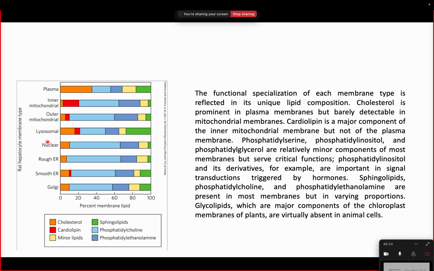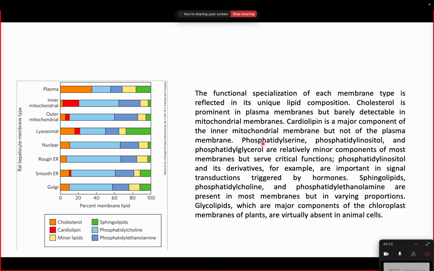So this indicates that the composition of lipids plays a vital role in determining what sort of functions the cells are involved in. The functional specialization of each membrane type is reflected in its unique lipid composition. Cholesterol is prominent in plasma membrane but barely detectable in mitochondrial membranes. Cardiolipin is a major component of the inner mitochondrial membrane but not of the plasma membrane.